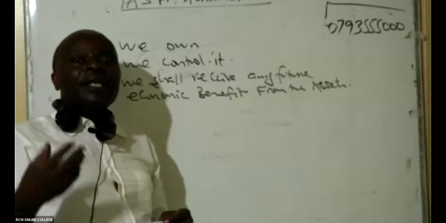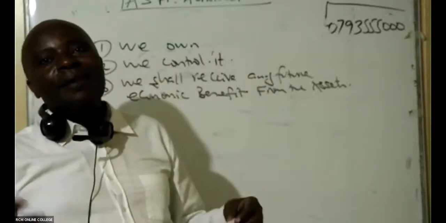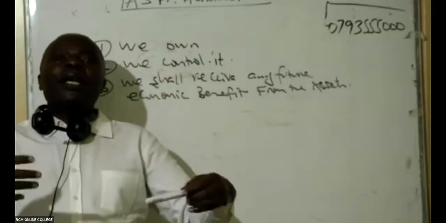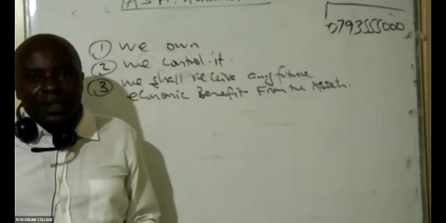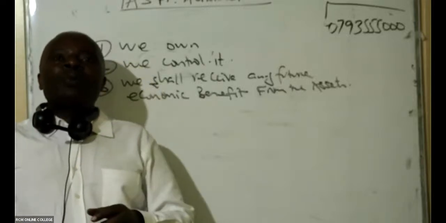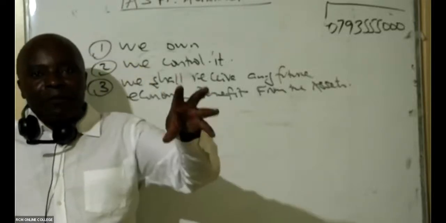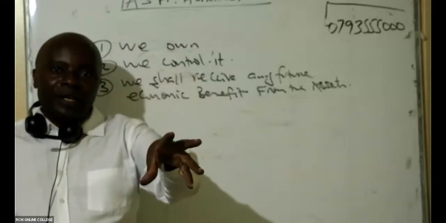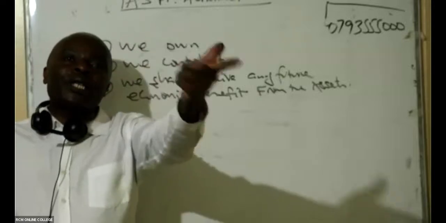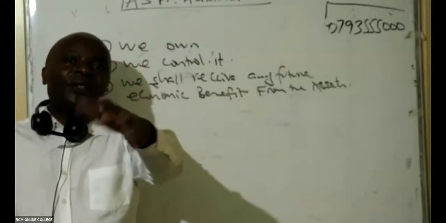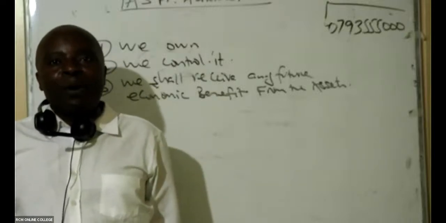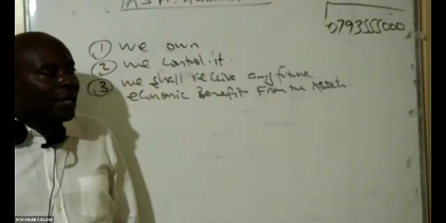If this is an asset that you're not getting any benefit out of, then it does not even qualify to be called an asset. An asset is any resource that we expect to receive some benefit from in the future. If I own this asset and it is someone else receiving that benefit, then that is not my asset. Assets should be able to put money in my pocket.